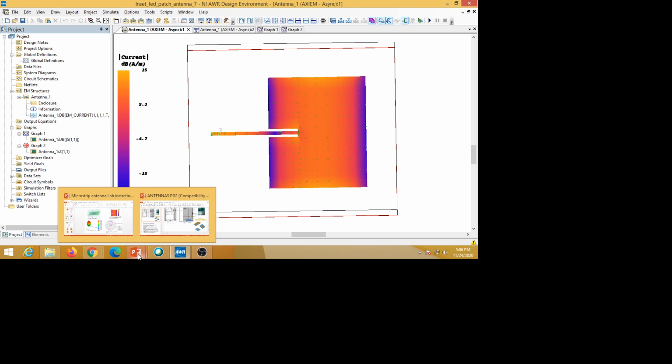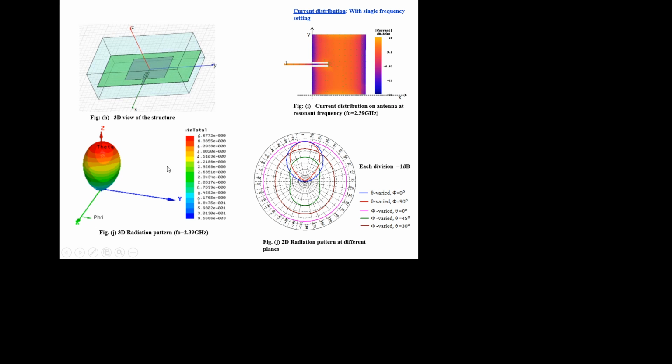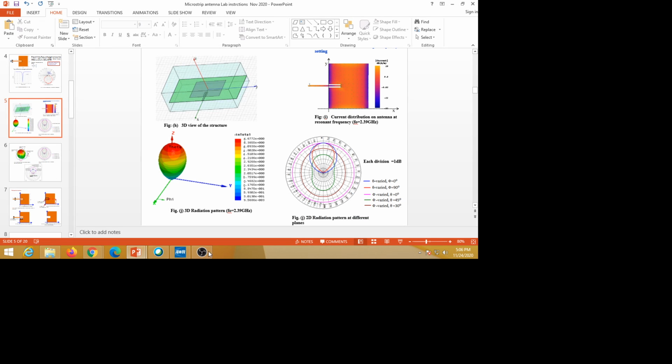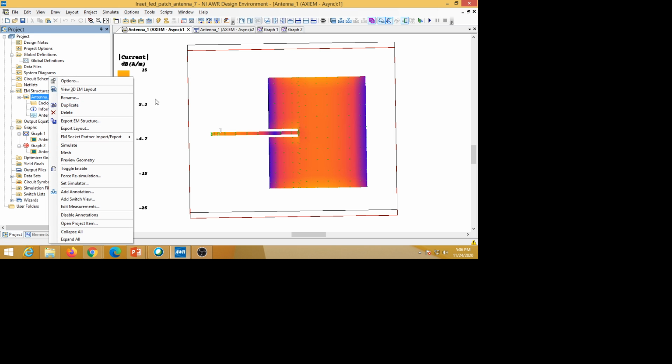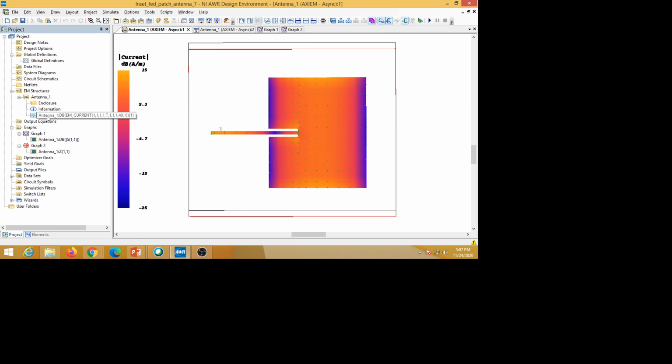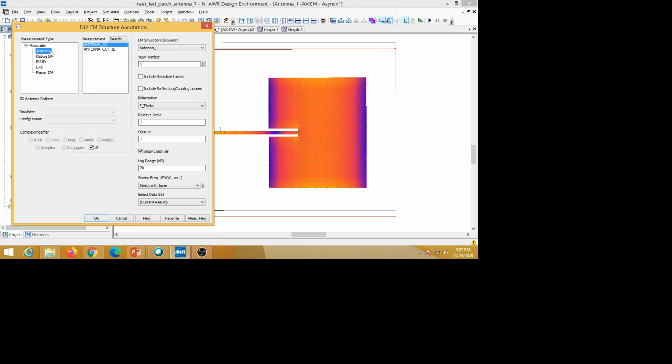Next you should see the 3D pattern. To see the 3D pattern in the simulation tool, again you go to the properties, here is the antenna.